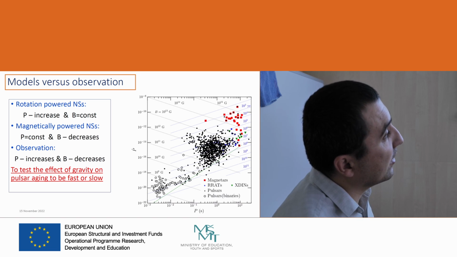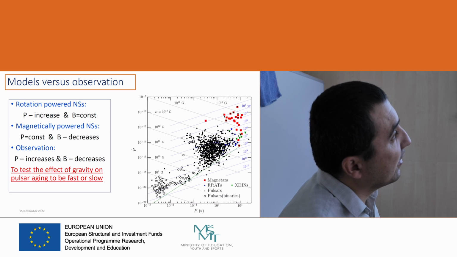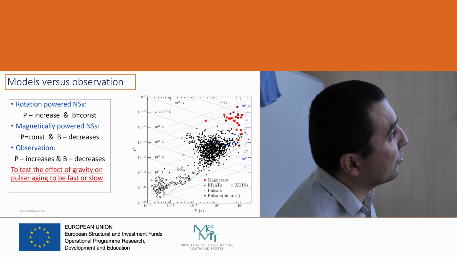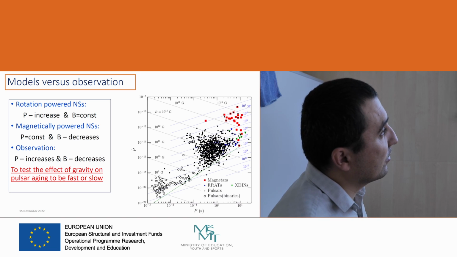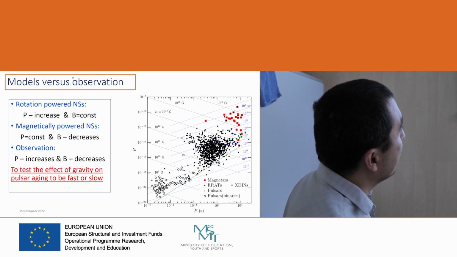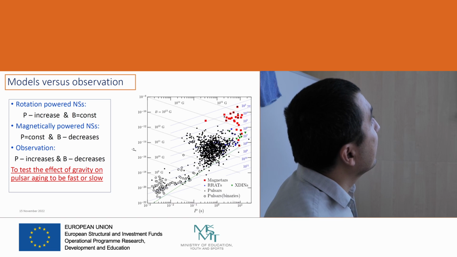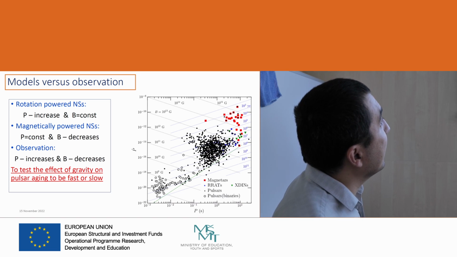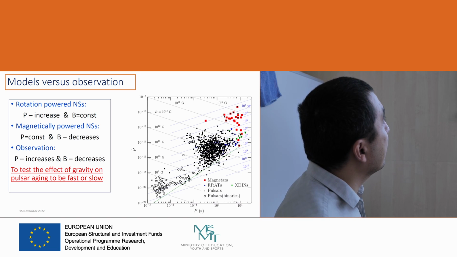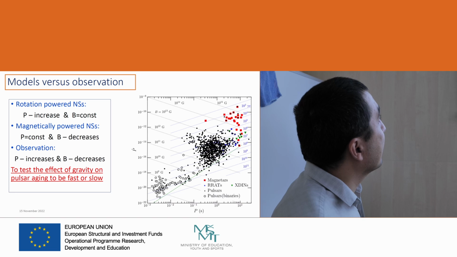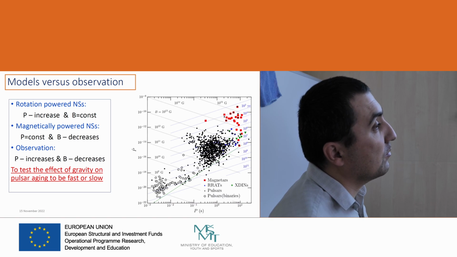So it means that as they age, their position should move down and to the right, because they slow down due to the radiation. So from this point of view, it does not totally agree with the observations, with the magnetically and the rotation powered models.